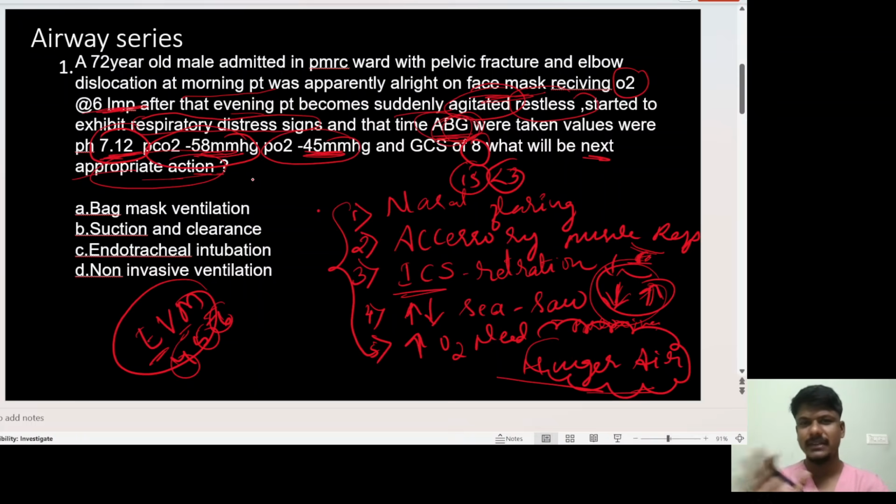In ICU you'll have all resources: ventilators, bag and mask, NIV, suction machine, all the O2. Everything will be there. So the options are: first, bag and mask ventilation, BMV, and suction and clearance.